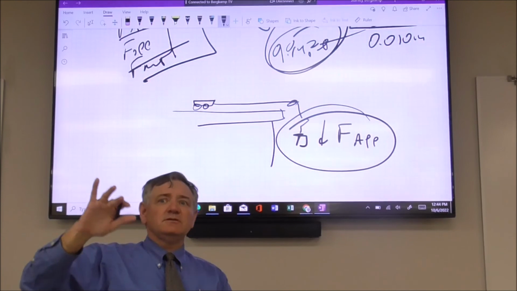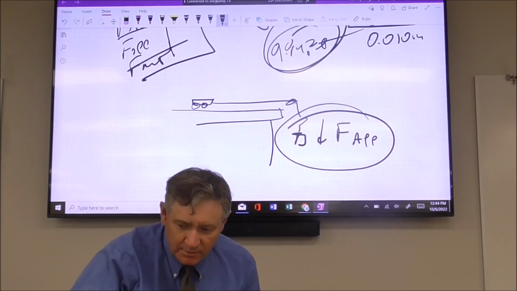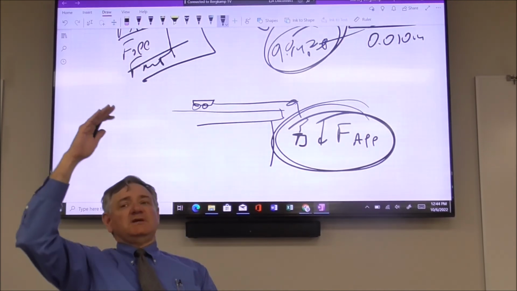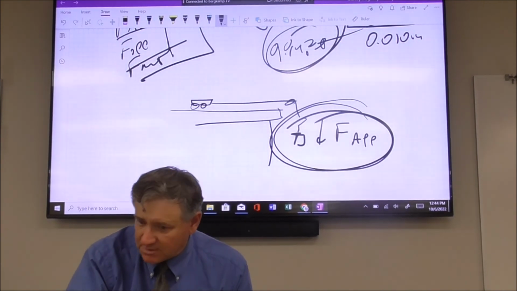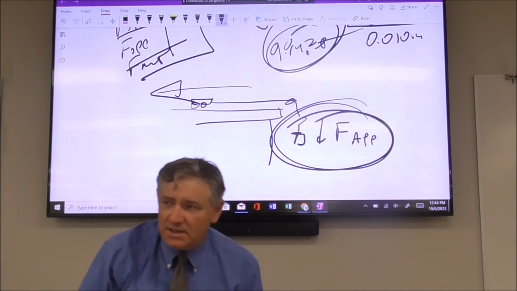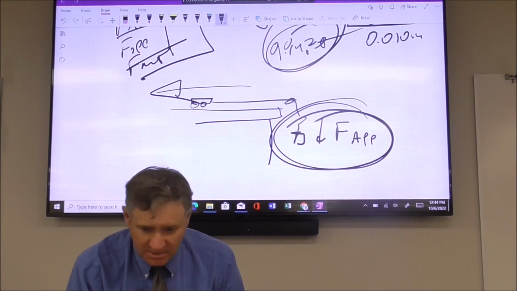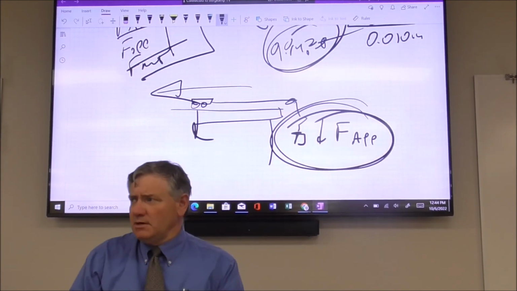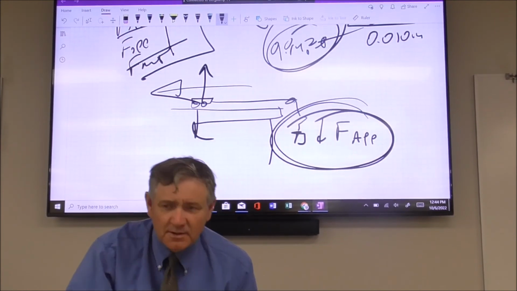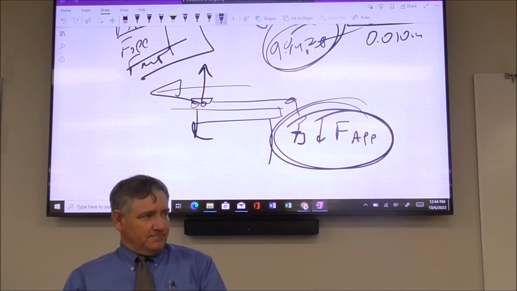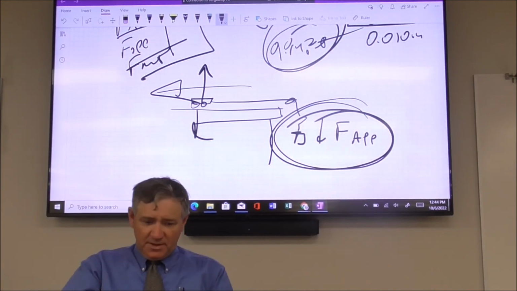There's no friction, nothing. So we're going to assume that my applied force is the net force, because there's nothing working against it going backwards. Is gravity pulling it down? Yeah. But guess what? There was a table there to balance that out. So that's what I want you to think through.